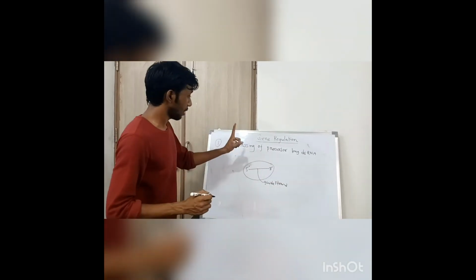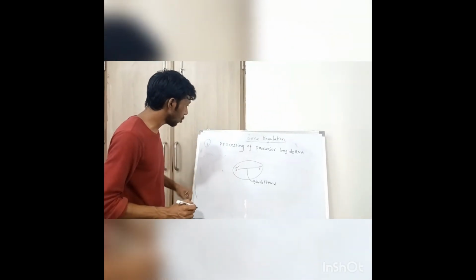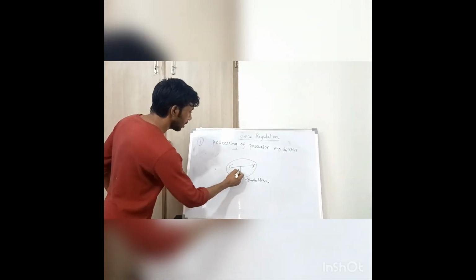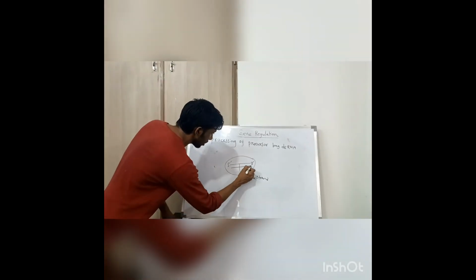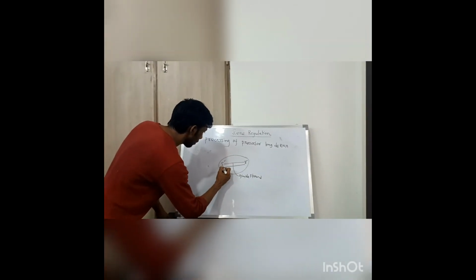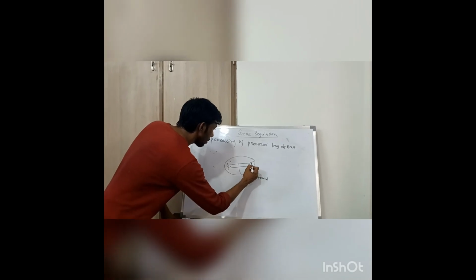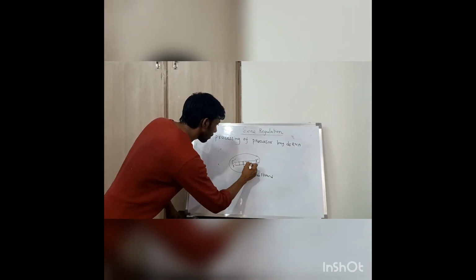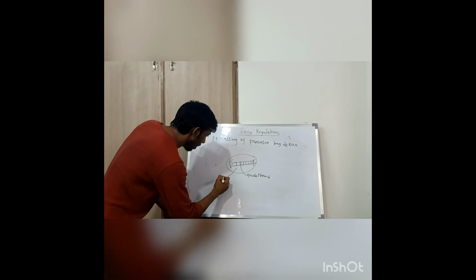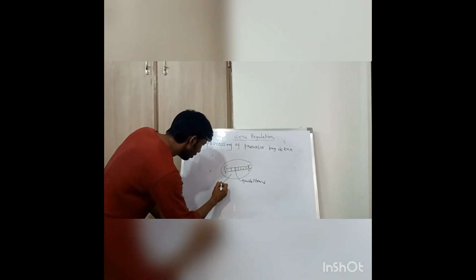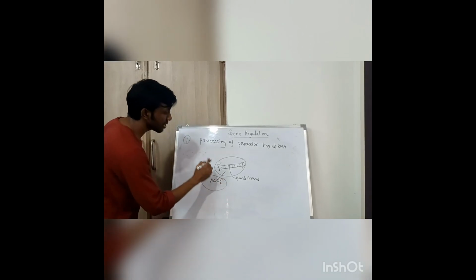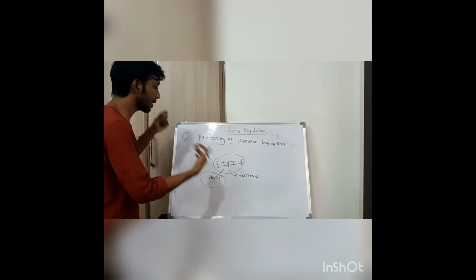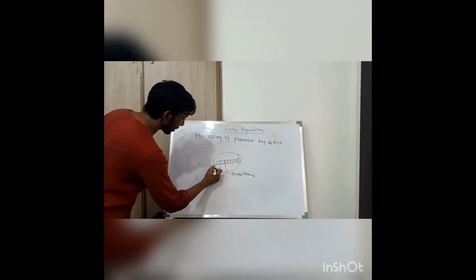Now this guide strand will bind to the target messenger RNA. Here is the target messenger RNA. And the Argonaute protein, which is the most important component of this RISC complex, will degrade the messenger RNA.